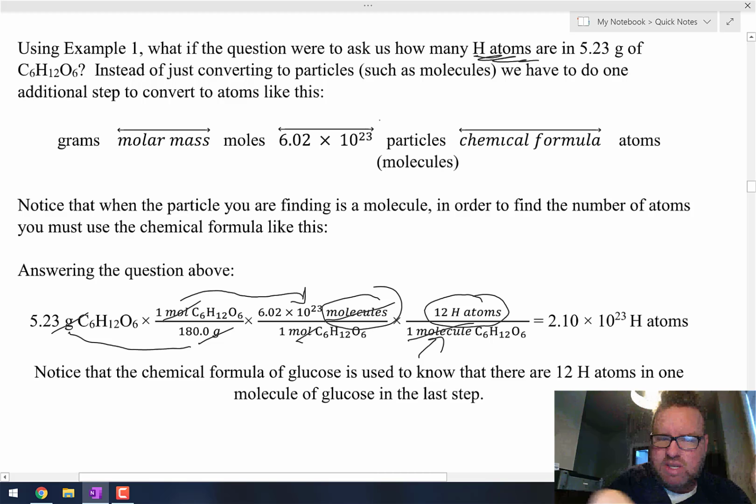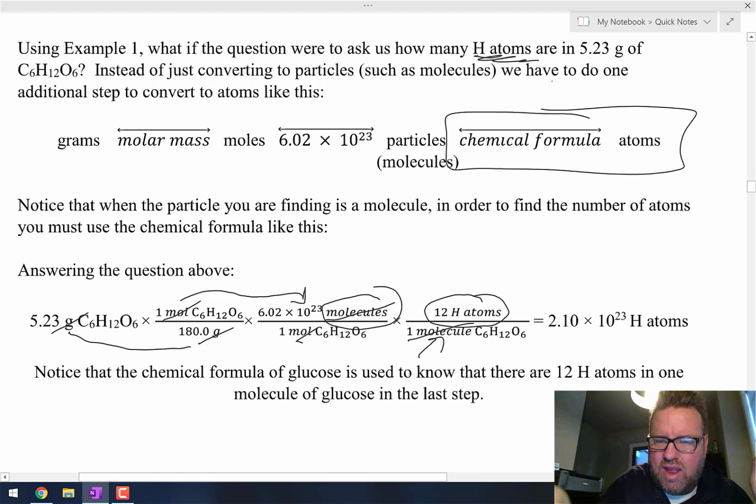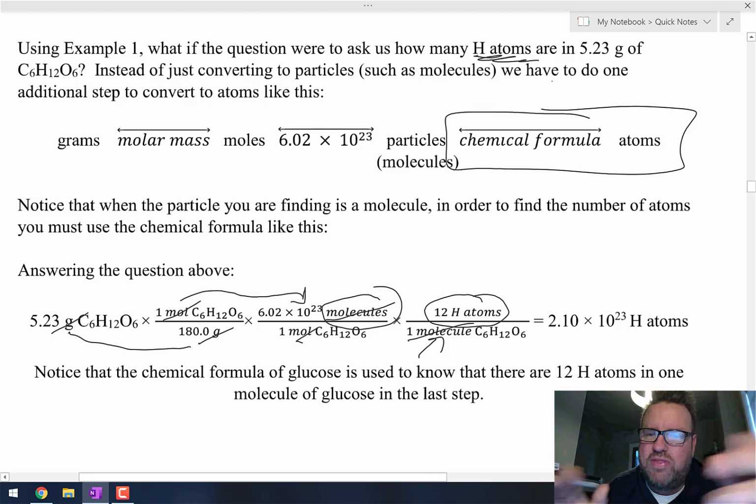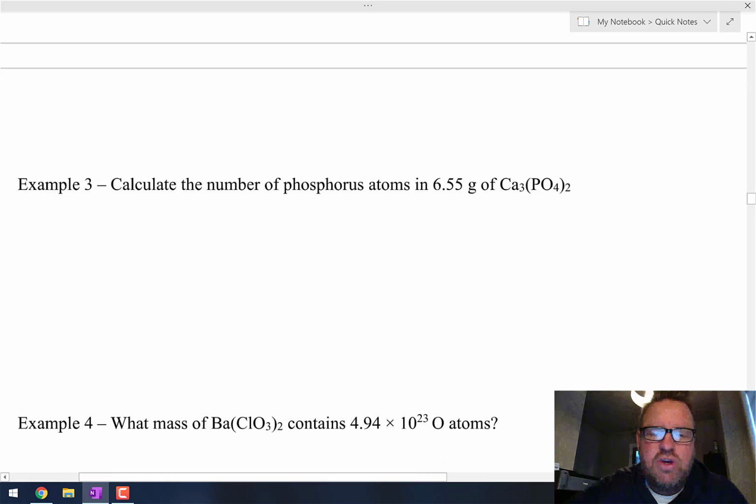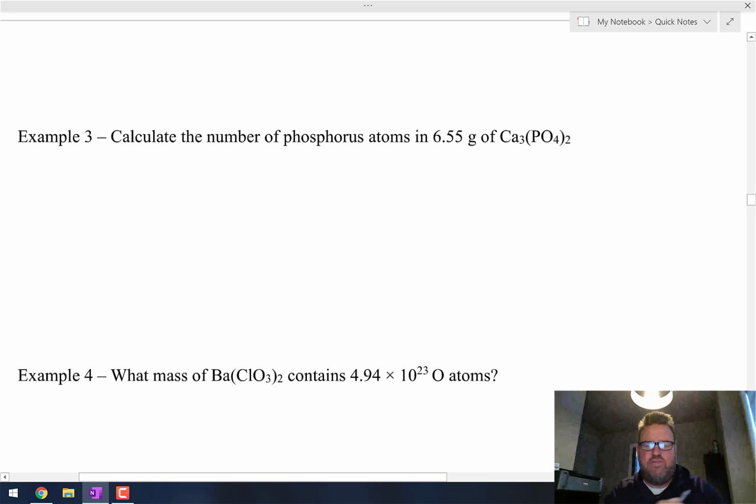So notice this extra step that I just added: if they ask you about the atoms in a chemical formula, what do you use? You use the chemical formula to convert from the molecule to the individual atoms in that molecule. Let me show you a couple of examples of this.